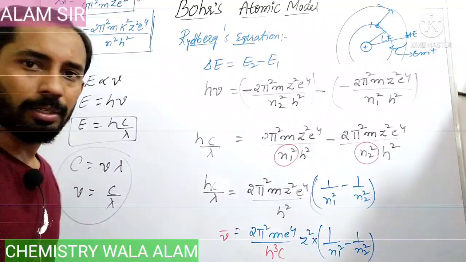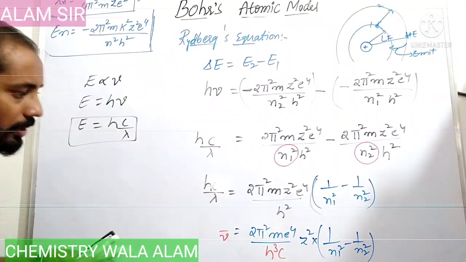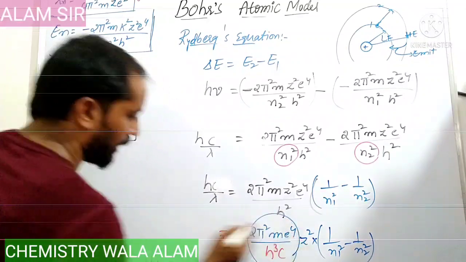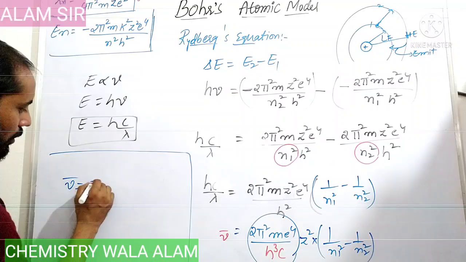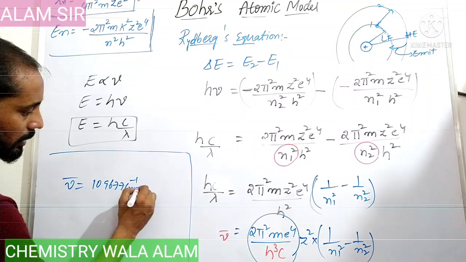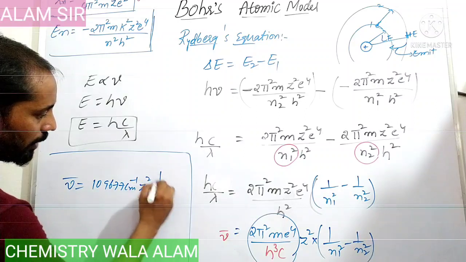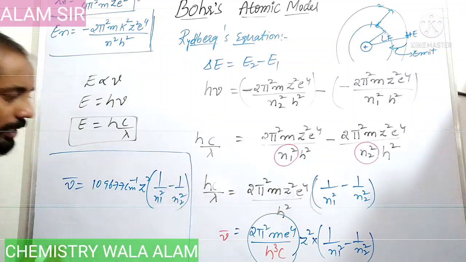So this total value gives nu bar equals 109677 centimeter inverse z square 1 by n1 square minus 1 by n2 square.